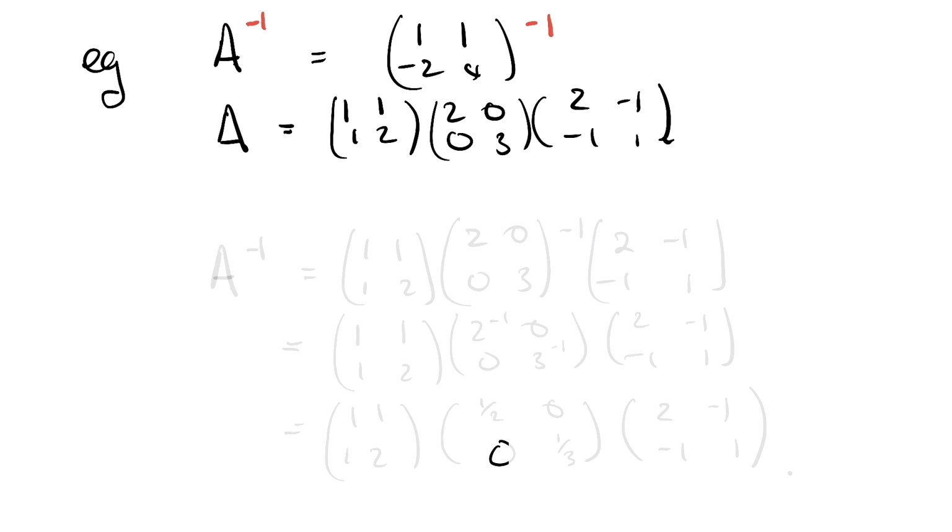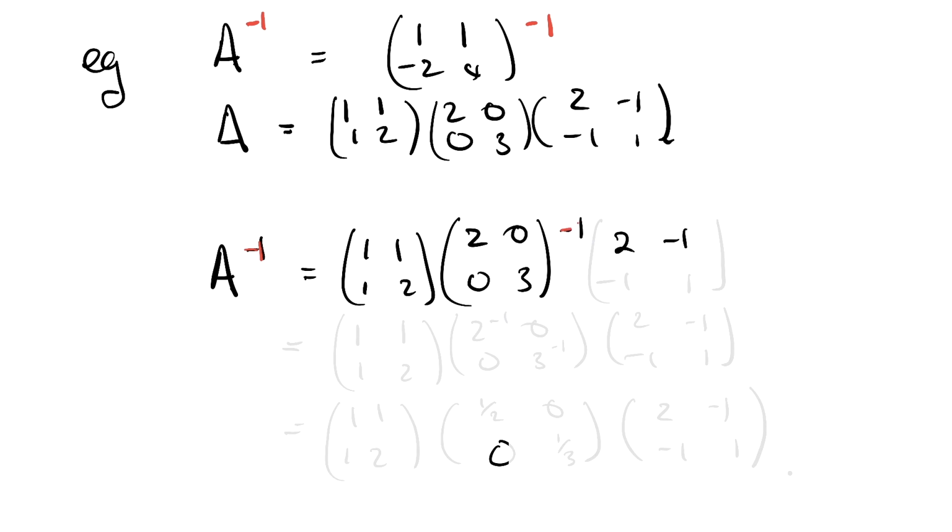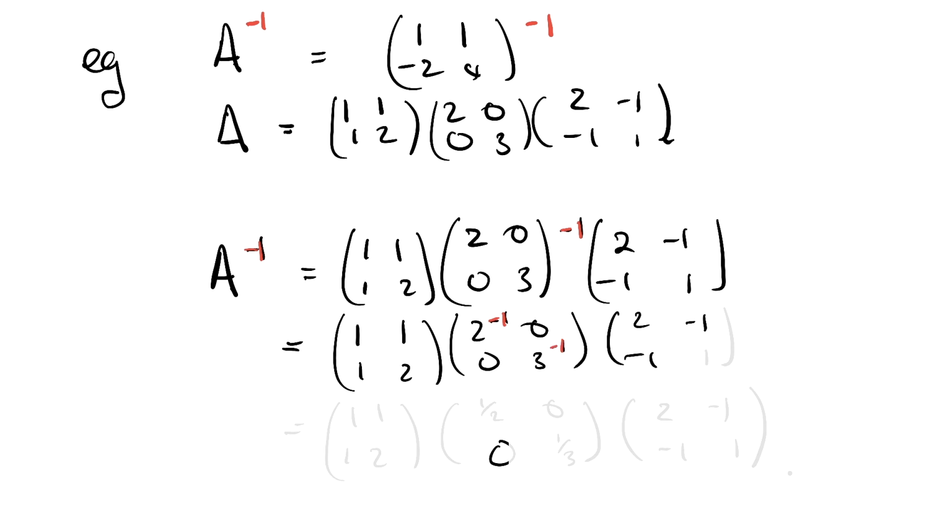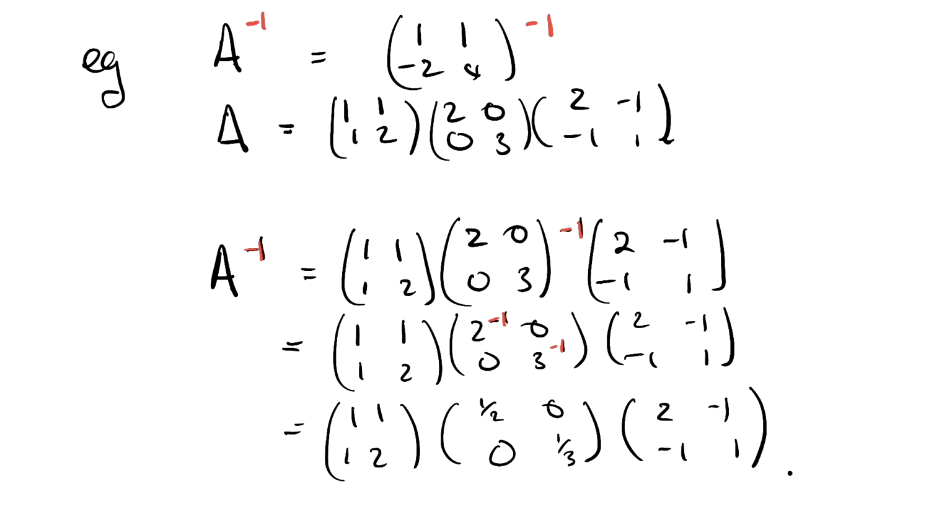So A inverse should be [1, 1; 1, 2] [2, 0; 0, 3] inverse [2, -1; -1, 1], which of course we know is [1, 1; 1, 2] [2 inverse, 0; 0, 3 inverse] [2, -1; -1, 1], and here is our final expression.